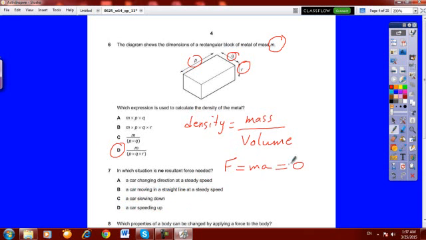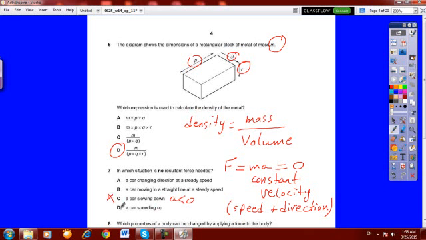When a is equal to 0, this means that velocity is constant velocity. And when we say velocity, it means speed, or magnitude of the velocity, plus direction. When we say car is slowing down, it means acceleration is negative and not 0, so this is not the case.